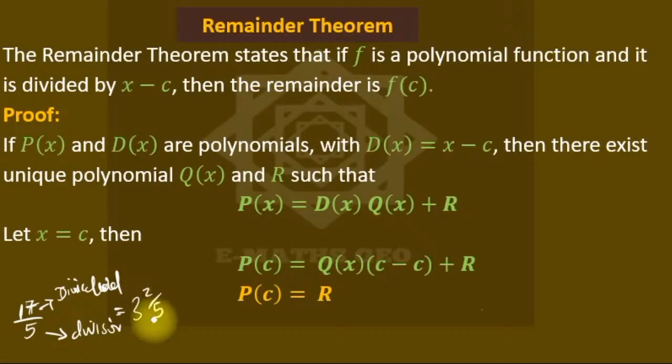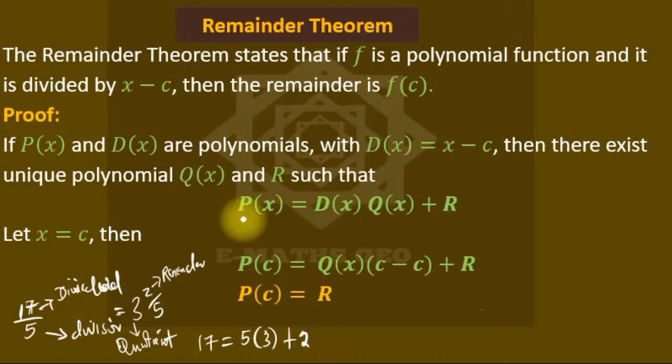This 3 is now the quotient, and 2 is the remainder. So 17 is now equal to 5 times 3 plus 2. So do you see it? P of x is our dividend, 5 is the divisor, 3 is the quotient and 2 is the remainder.